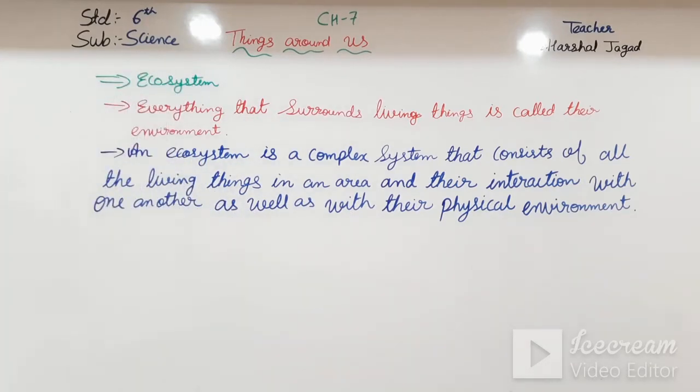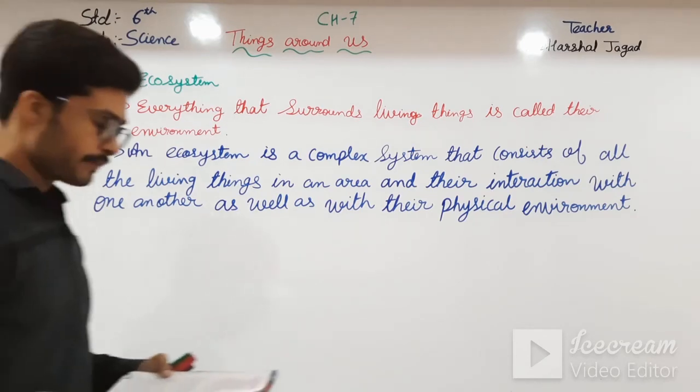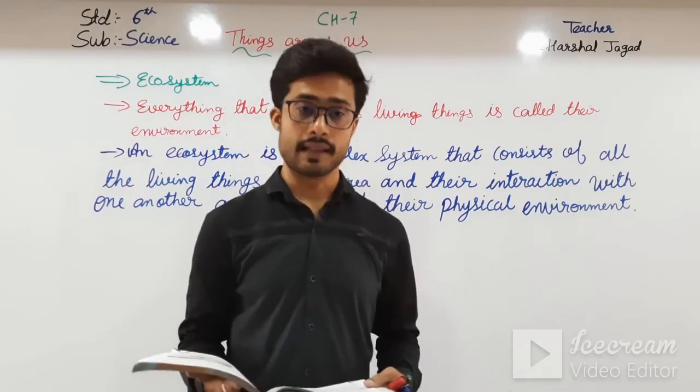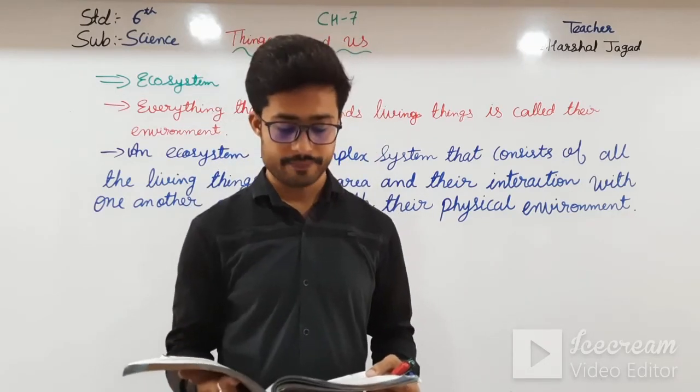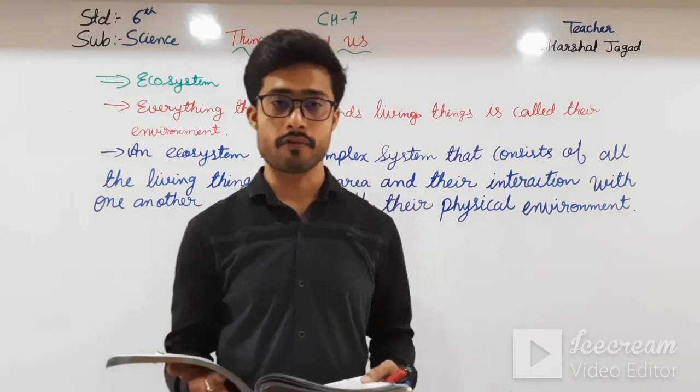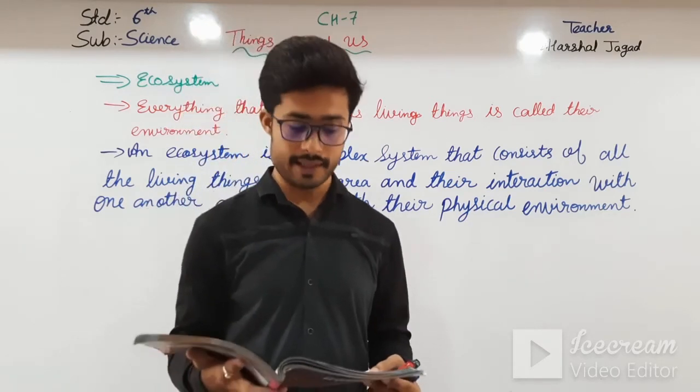Light. The Sun is the main source of energy on Earth. Plants depend on sunlight for photosynthesis as well as germination.